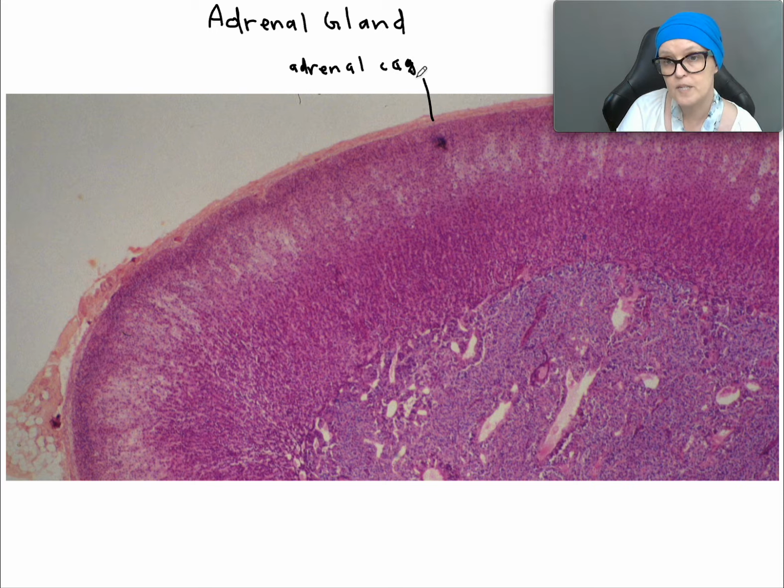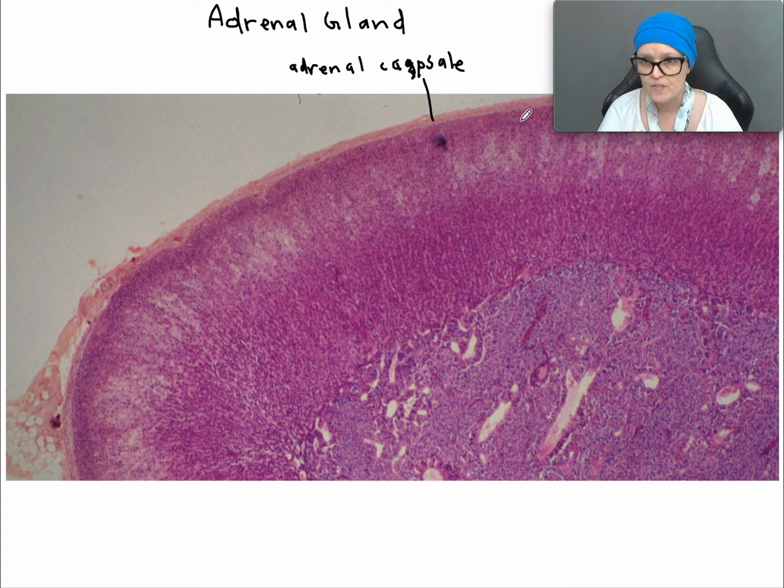That was supposed to be a P. That's a U. Writing with my mouse, I apologize. Okay, and then from here to here is the cortex. This is the adrenal cortex.